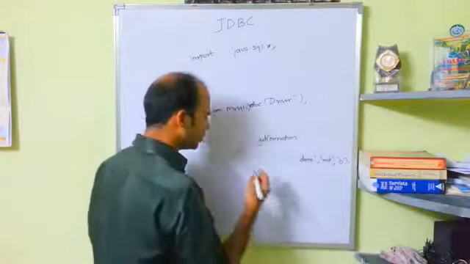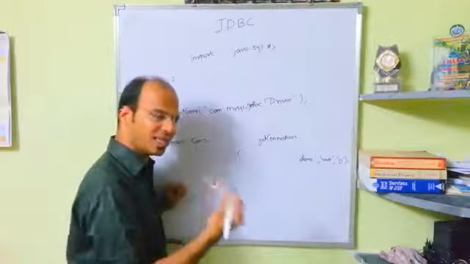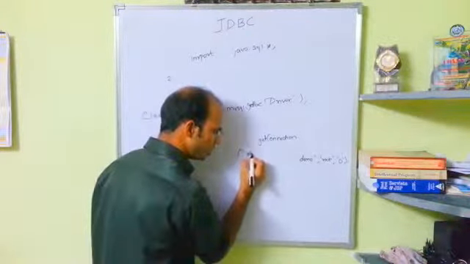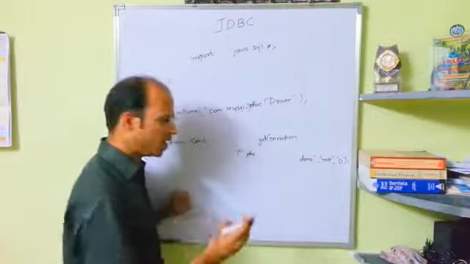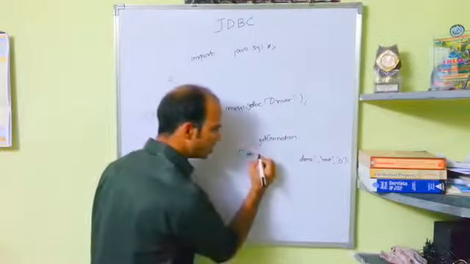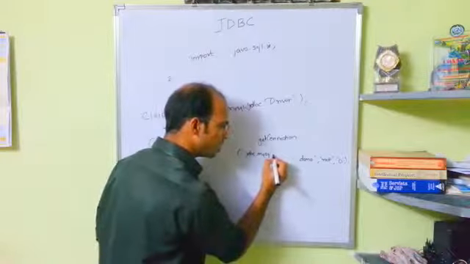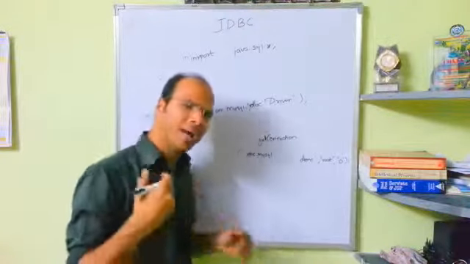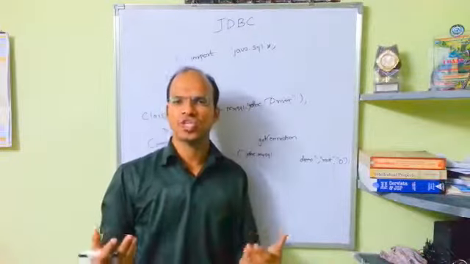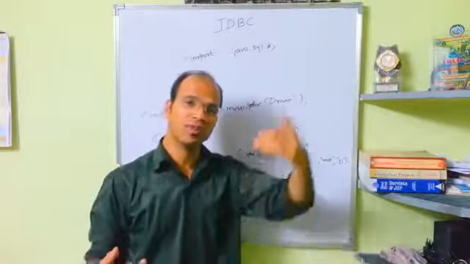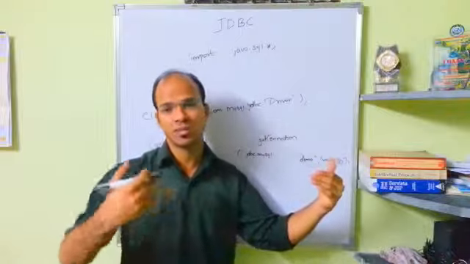Now when you want to connect your Java with a database, you have to use something called JDBC. So Java will communicate with JDBC, JDBC will communicate with MySQL, and MySQL will communicate with the database. But MySQL provides an amazing feature where you can have your database on a different machine and access it from another machine.